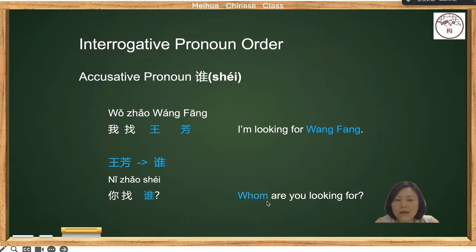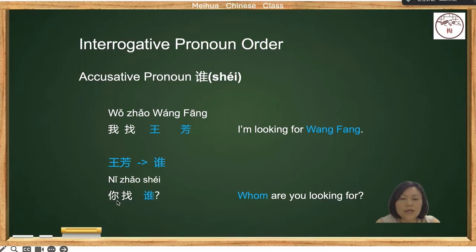Or we should always put the interrogative pronoun at the beginning of the sentence. So whether it's who or whom, they should always come at the beginning of the sentence. Who are you looking for?